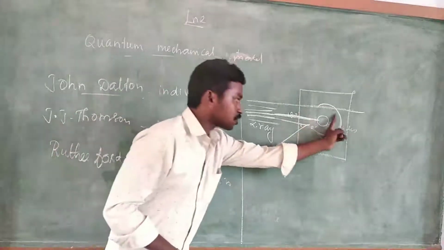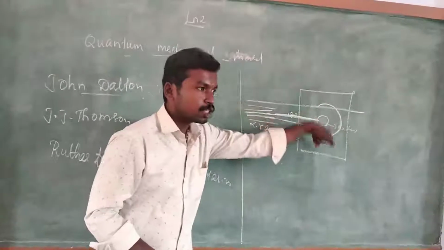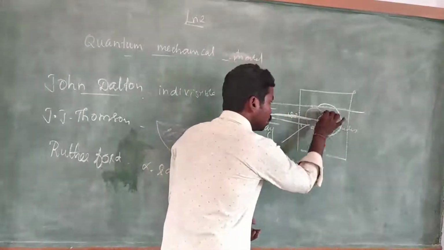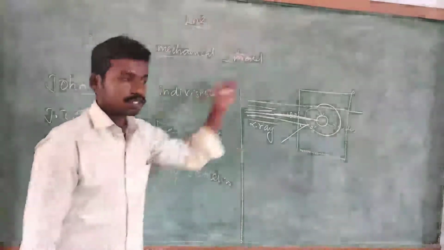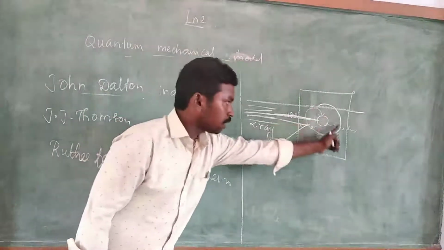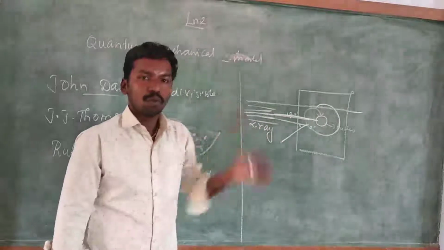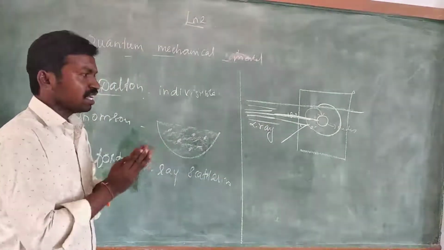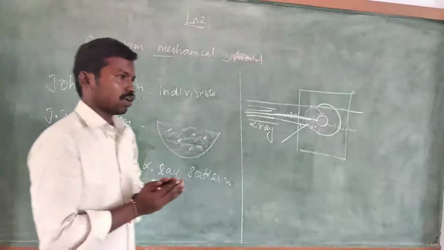Likewise, when the electron is continuously moving, it will lose its energy, and finally it can drop into the nucleus. If the electron dropped into the nucleus, what will happen? It will lead to the disruption of the structure of an atom.